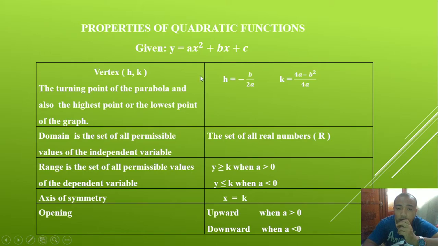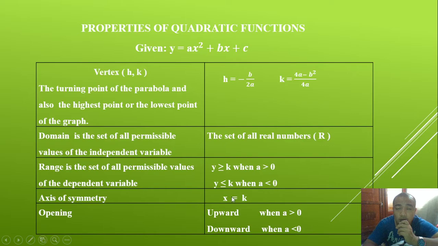So when a is negative, the range is y is less than or equal to k. Remember that. The axis of symmetry is the equation x is equal to k. Whatever you solve for the value of k, equate it to x; that is the axis of symmetry.